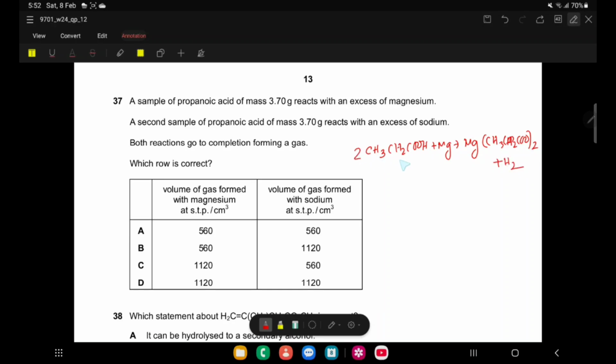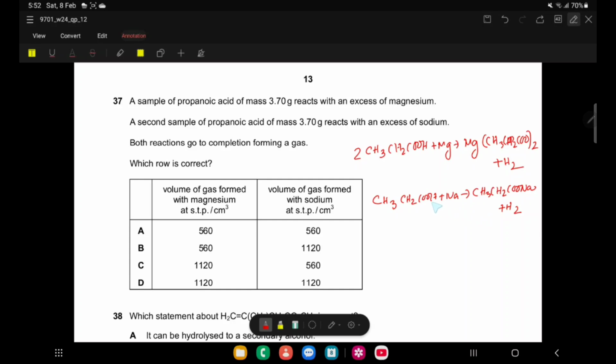You have to balance this equation. Now this is balanced. Secondly, CH3CH2COOH plus sodium will form CH3CH2COONa plus hydrogen.